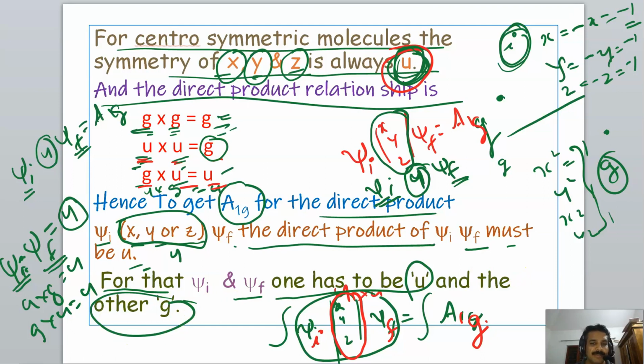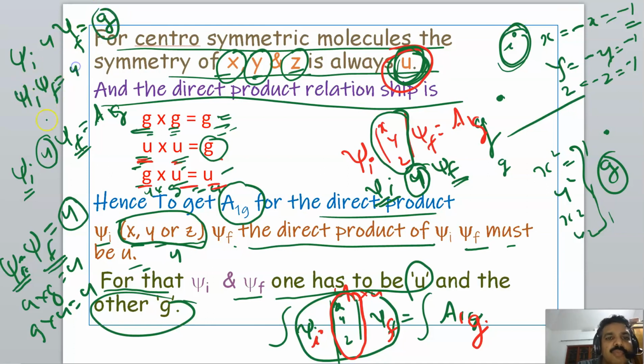I am saying one more time. We want the psi I, with the symmetry of x, y or z that is u, into psi F to be equal to A1g, or g. Then to get g, psi I into psi F should be u. Then only u into u is equal to g.